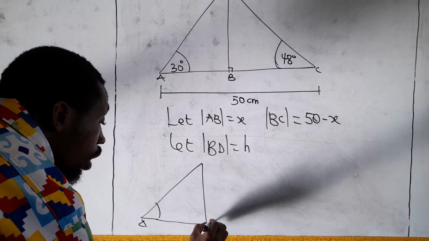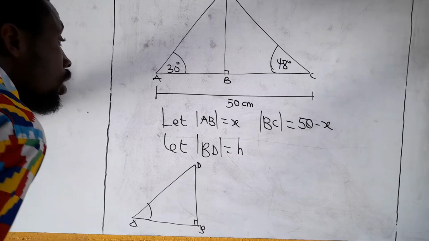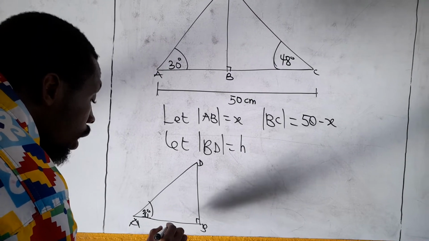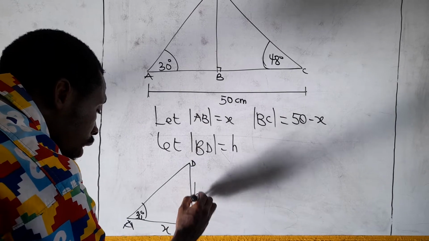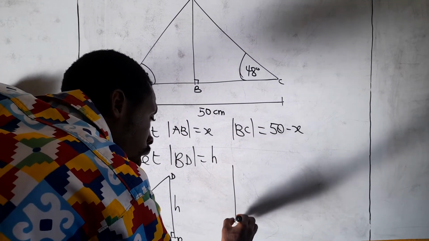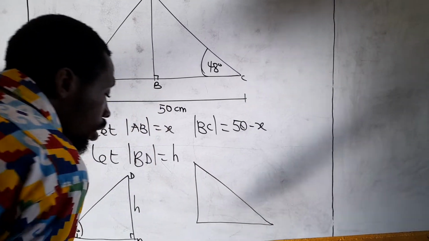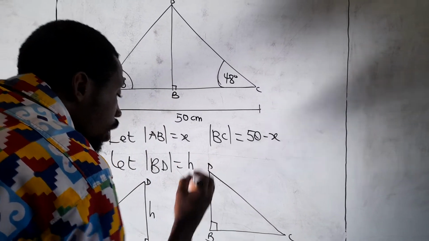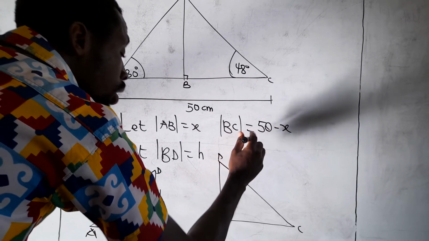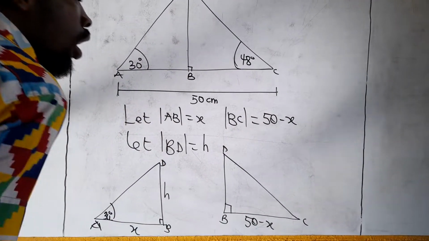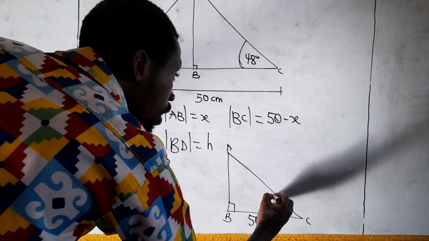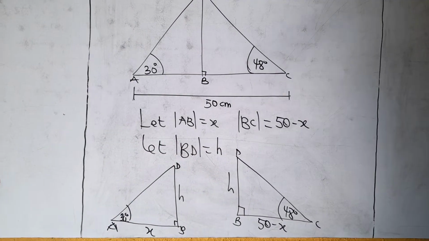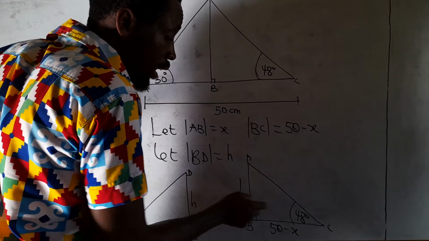Where I have A, B, and D, and this is 30 degrees, where my AB is X, and my BD is H. Also, I can have another diagram like this, where I have BCD, where my BC is 50 minus X, and my angle here is 48 degrees, where my BD is still H. So if I have my opposite, remember this is the side against this angle.